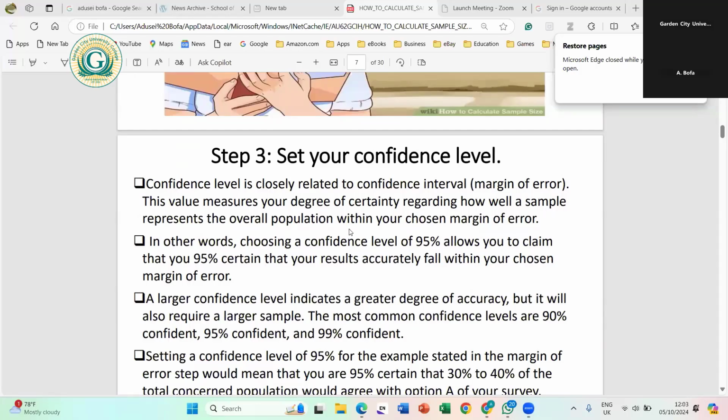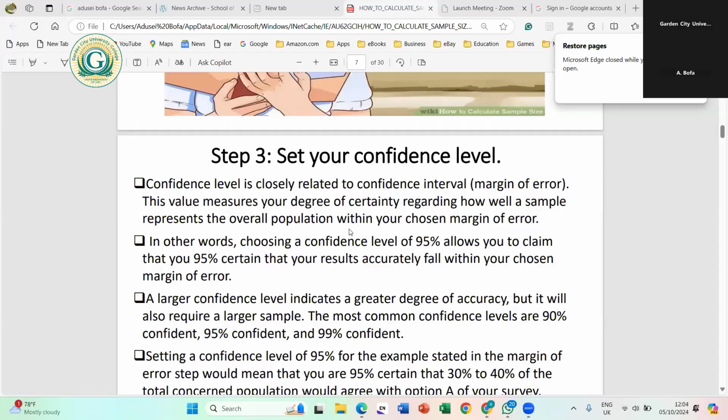So the confidence level tells you how confident you are that whatever you are going to compute, or the sample size that you are going to get, will be a true reflection of the population with regards to this margin of error. Okay, so the confidence level measures how confident you are that whatever you compute will be a true reflection of the population.